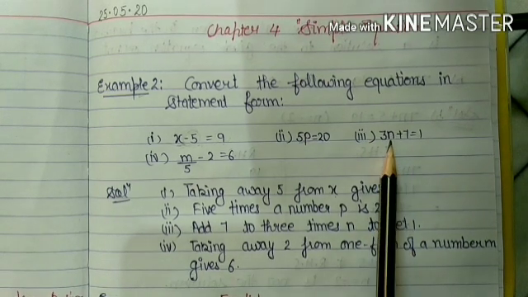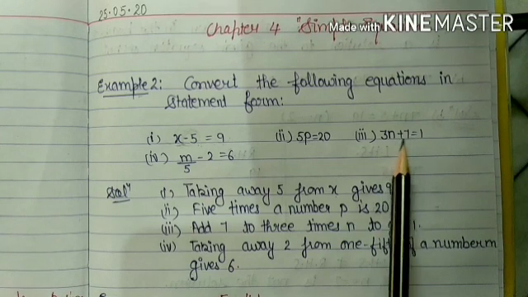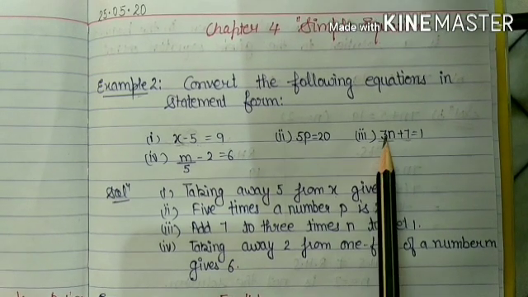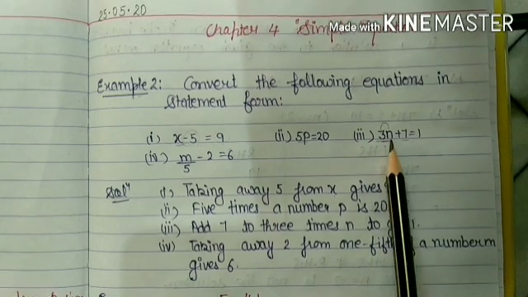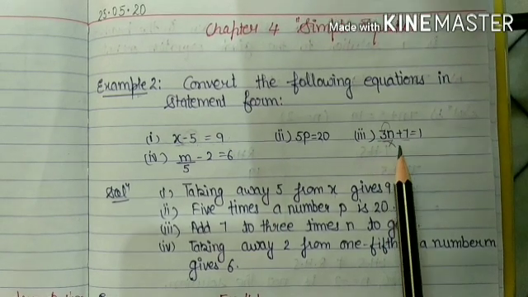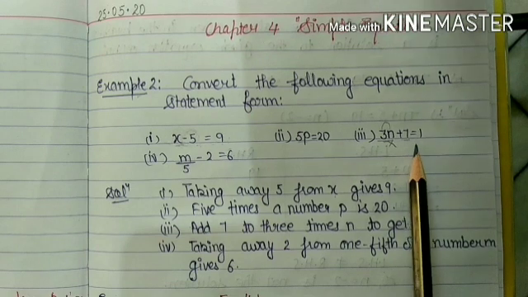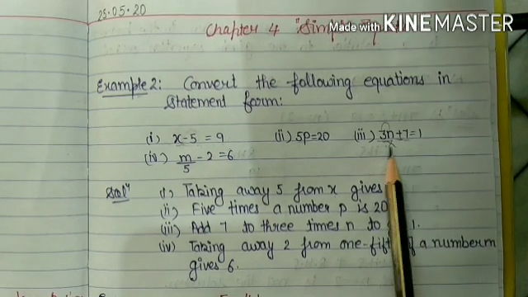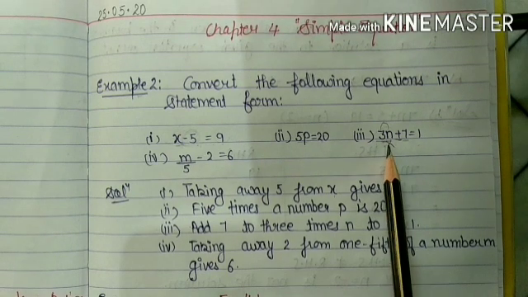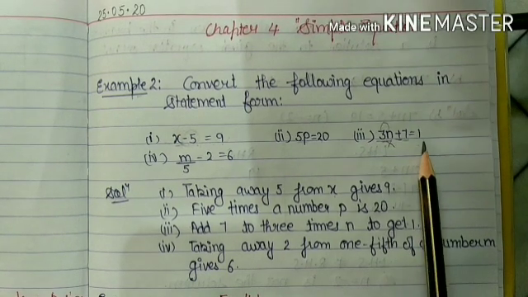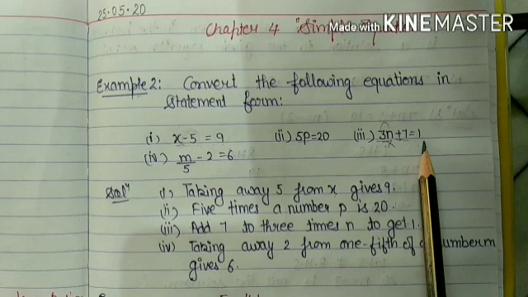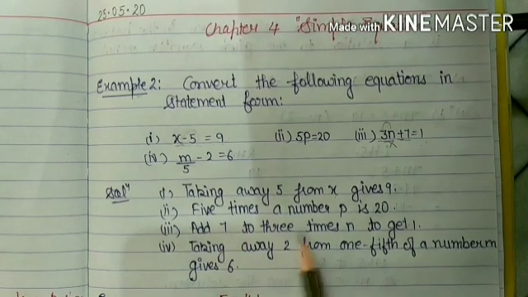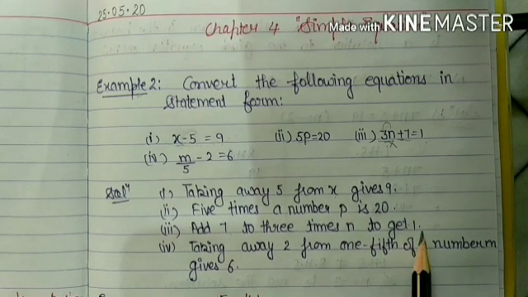For the next, it is adding 7 to 3 times n. Here 3 and n are multiplied. So how to write it? Add 7 to 3 times n to get 1. I have written here: add 7 to 3 times n to get 1.